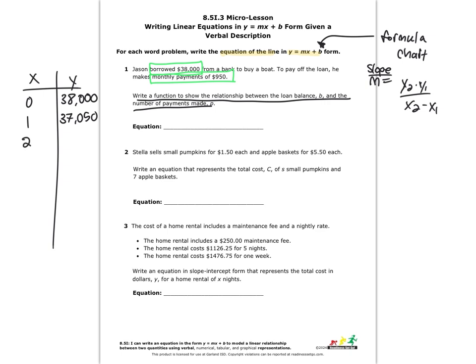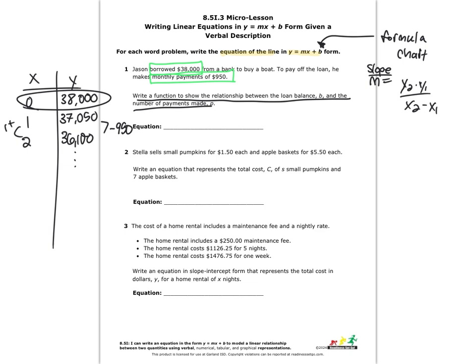After 2 payments, he would owe $36,100 and so on, right? But the main thing for us to know here is that he starts with that amount of debt, and each month it's going down $950. So this decreases by $950, and this increases by 1.